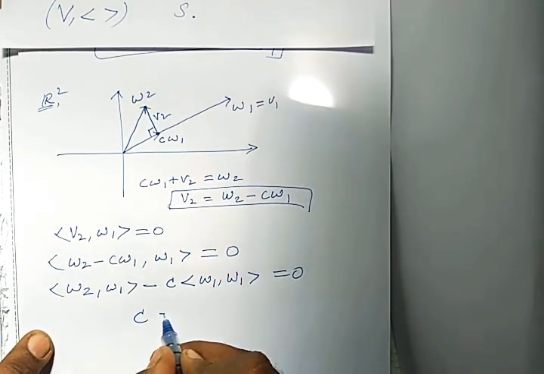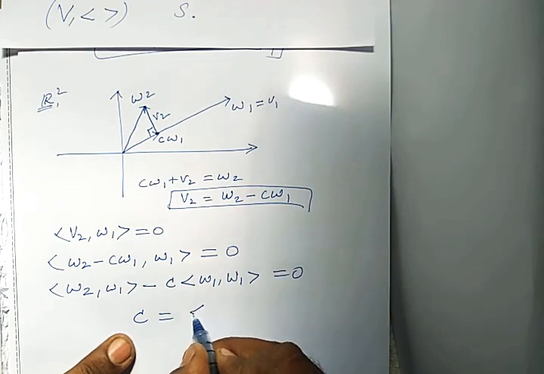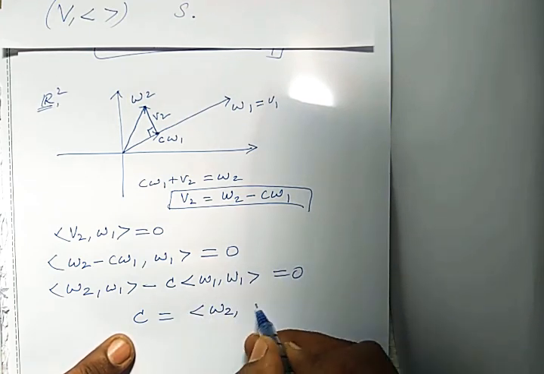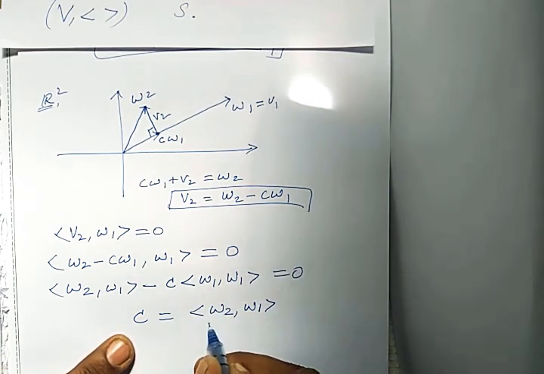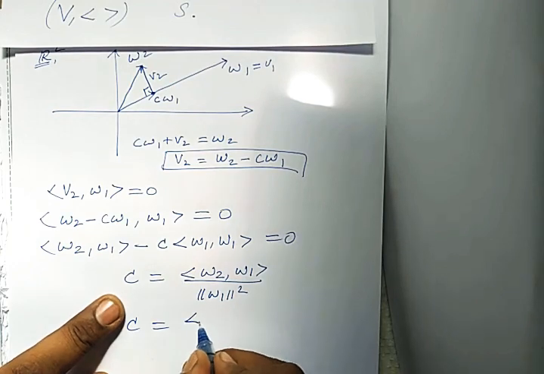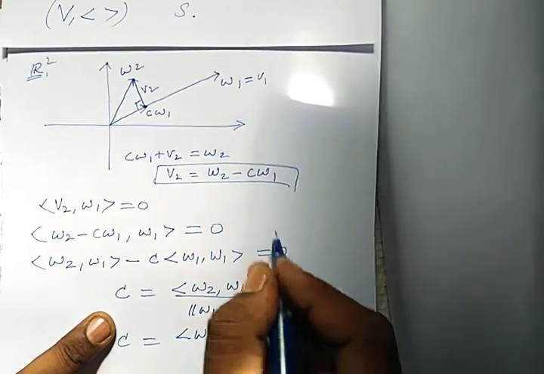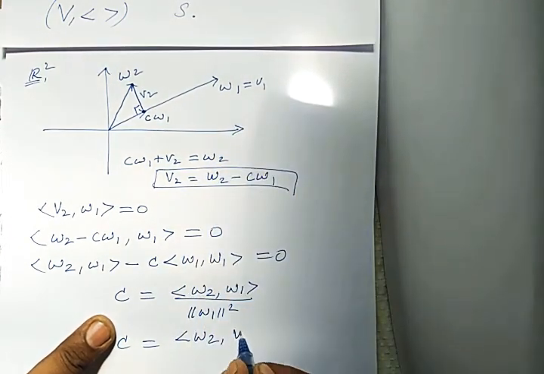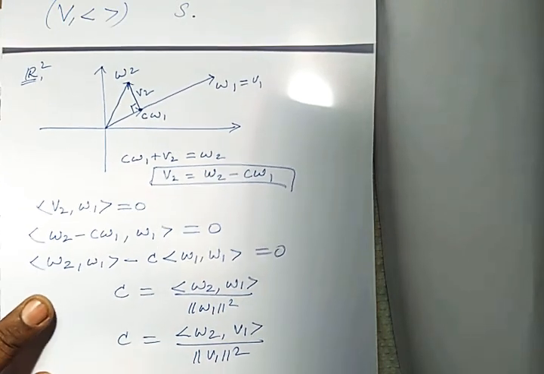So C is inner product of W2 comma W1 by norm W1 squared, or C is equal to inner product of W2 comma V1 by norm V1 squared.